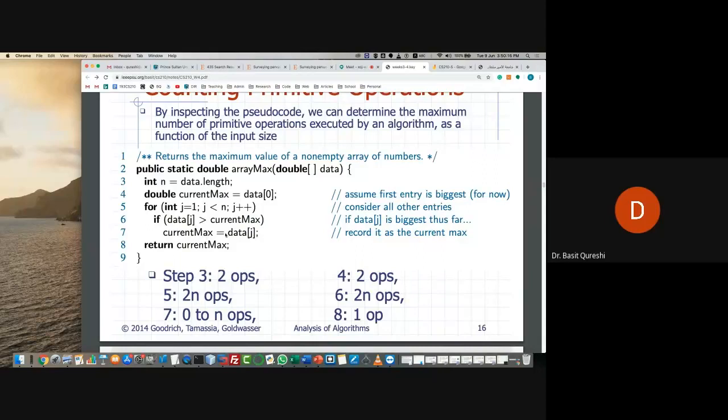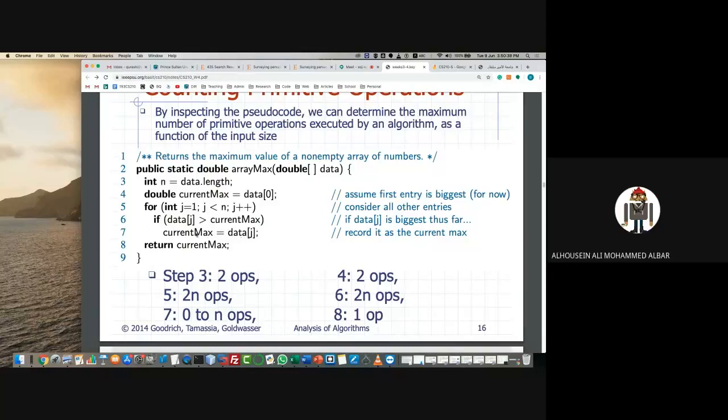So the time for line 7 would be something between 0 and the runtime for this one. Let's see what the runtime for line number 7 is, independent of the if condition and the for loop. Here we're saying current max equals data j. Data j means go fetch the value and then store it in the local variable current max. So fetch and store, these are 2 operations.